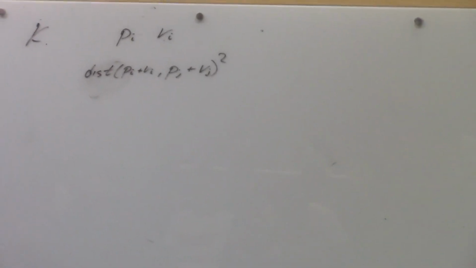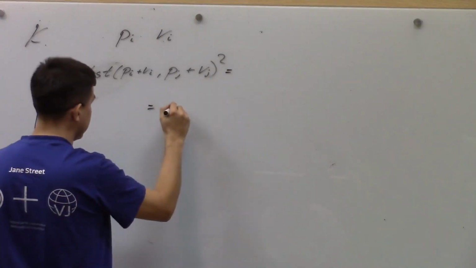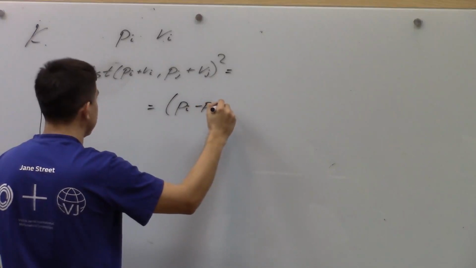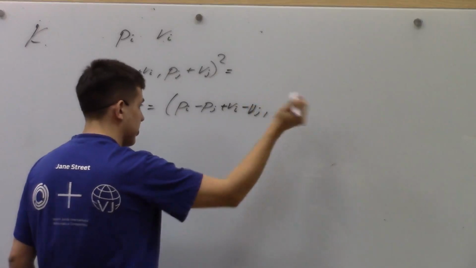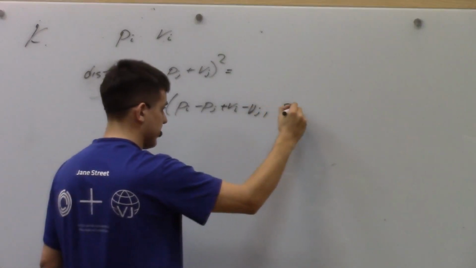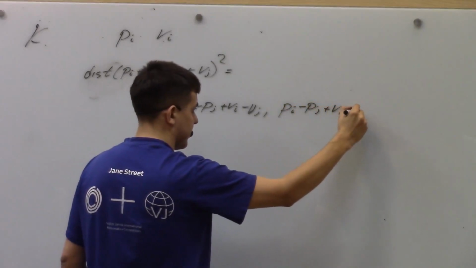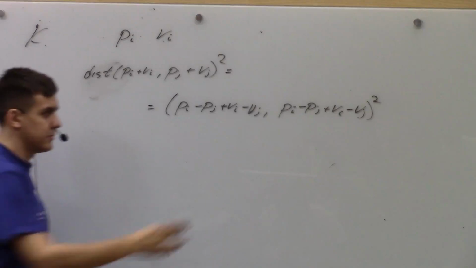Well, the distance is a scalar product of the difference on itself. So it's pi minus pj plus vi minus vj on itself. Squared. Sorry, without square.